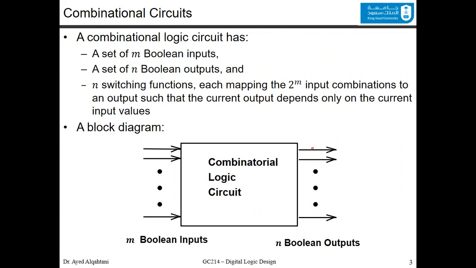Meaning this output, which is one of the N Boolean outputs, is a function of all the M Boolean inputs or some of them.